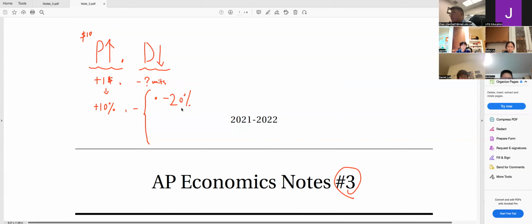Okay, the percentage change here, 20%, is greater than 10%. It's a greater percentage increase than the price level. This means all the consumers care about the price change.